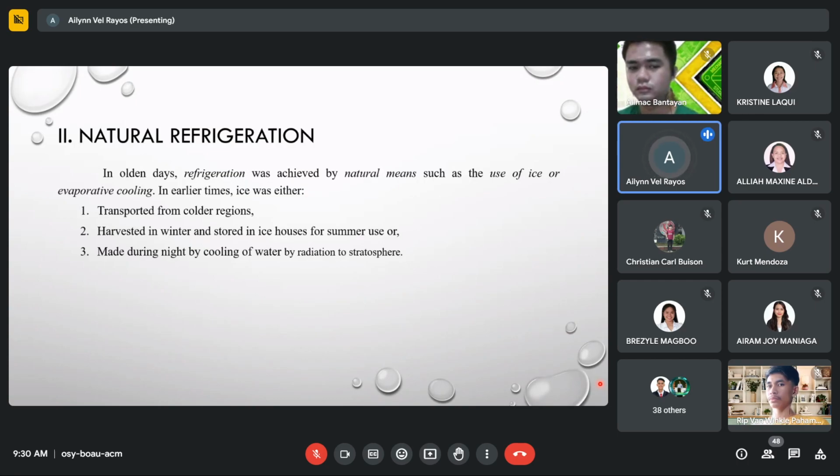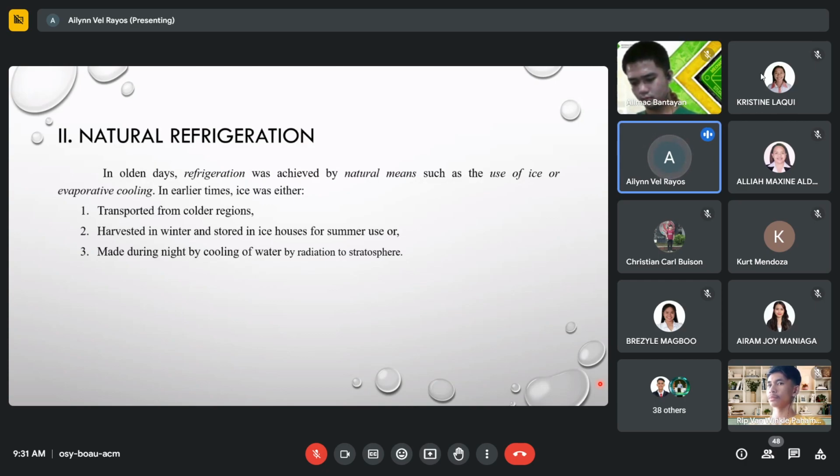So, in earlier times, ice ang ginagamit. So, ngayon, madali na siya makuha, so, using sa refrigerator. Pero that is an artificial refrigeration. Wherein yung ice natin is produced to refrigerator.